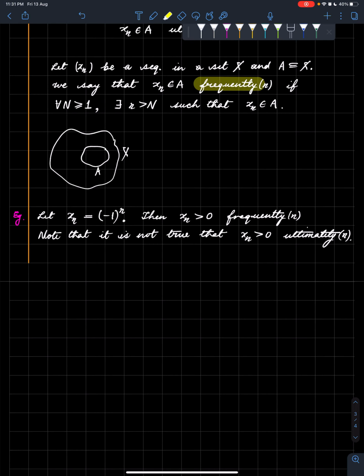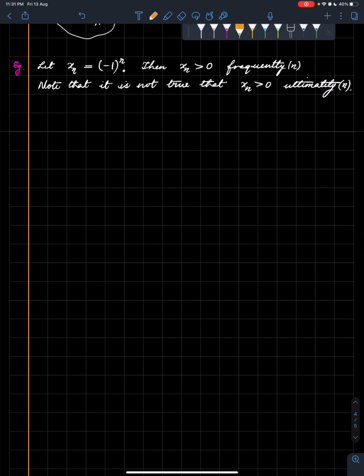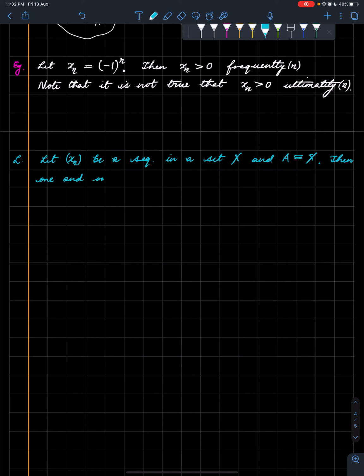And these examples and just a little bit of thought must have suggested to the reader a certain theorem, if you will. Let me phrase it as a lemma. Let xn be a sequence in a set X and A be a subset of X, then one and only one of the following hold.